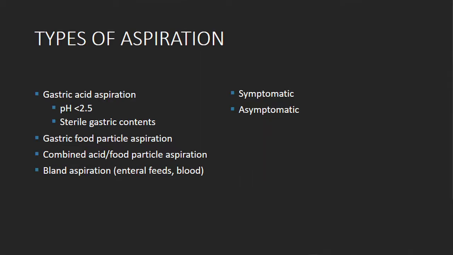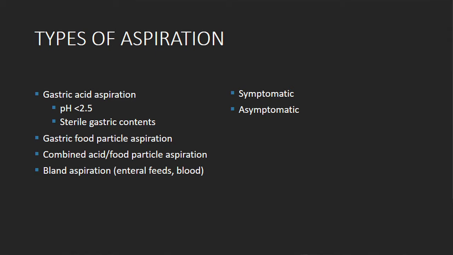Within this group, there are different types of aspiration. There's aspiration of gastric content alone, which is usually sterile and usually has a pH of less than 2.5, so it causes chemical injury. There's also gastric food particle aspiration, which is kind of what we saw in the clip, which is larger particles that usually cause larger airway obstruction.